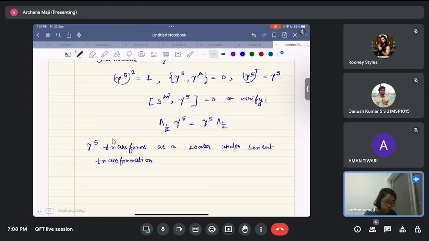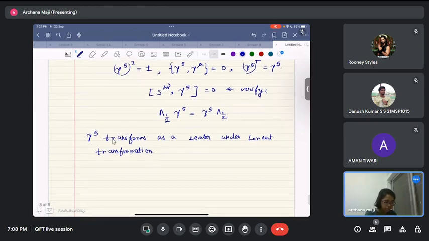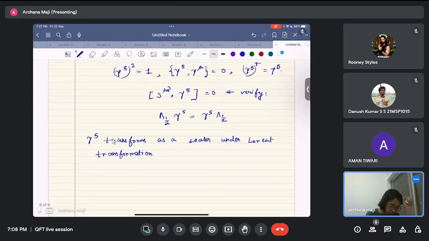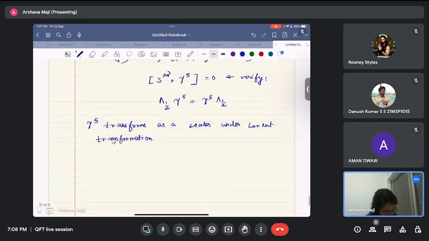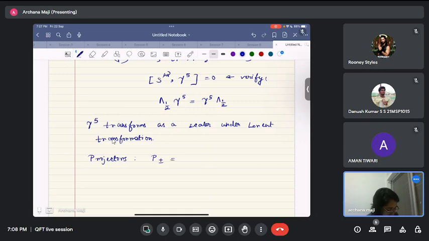So we can use this gamma 5 to define two projectors P plus minus, which is (1 plus minus gamma 5) divided by 2.